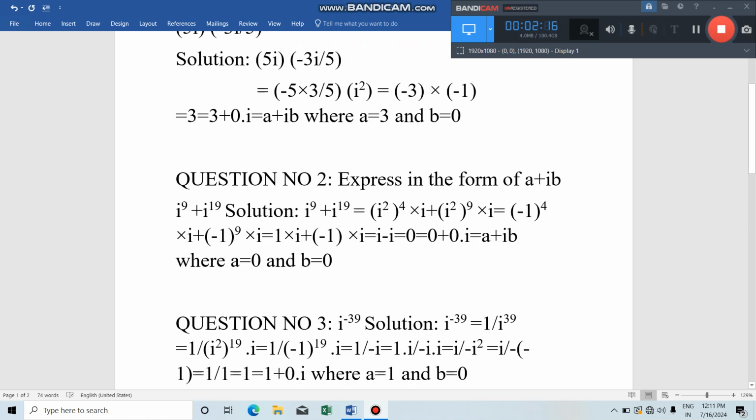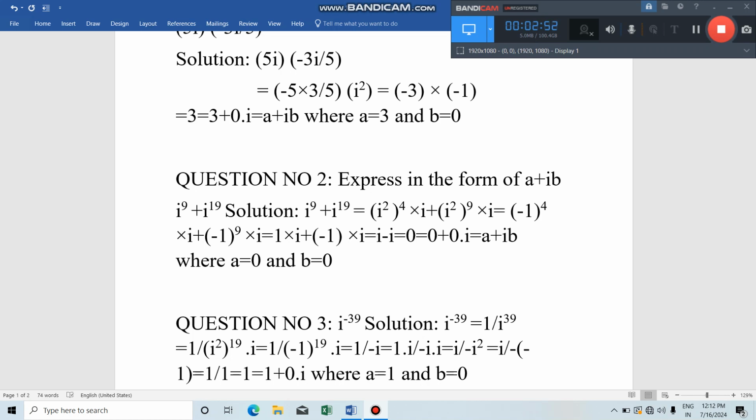Next, question number 3, i to the power minus 39. We can write it in the form of 1 by i to the power 39, equals 1 by i square whole power 19 into i, which gives i to the power 38 into i, which is i to the power 39. Now i square equals minus 1, so 1 by minus 1 whole power 19 into i. Minus 1 whole power 19 will be minus 1, into i will be minus i.